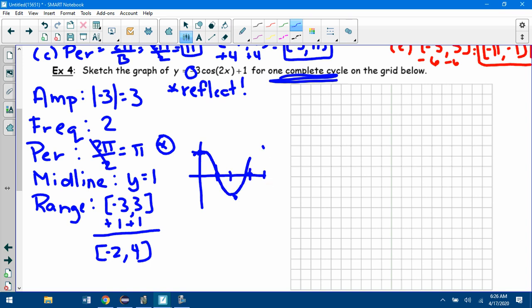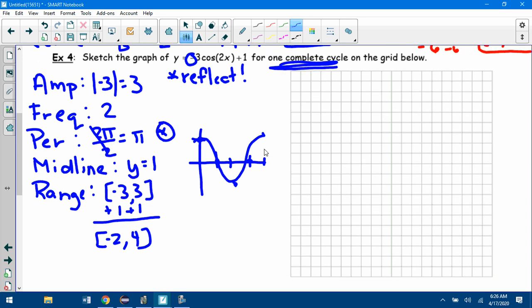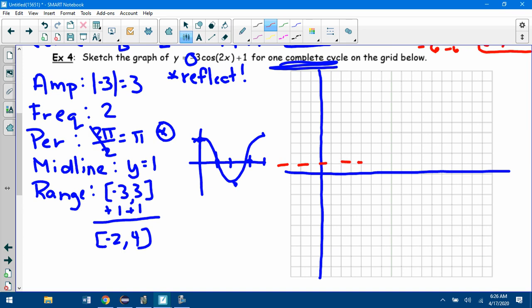There's 1 cycle of regular cosine. Okay, so then come over here, make your axes, and you always want to draw the midline first. That's the new piece today. So go to y equals 1 and draw in a midline.